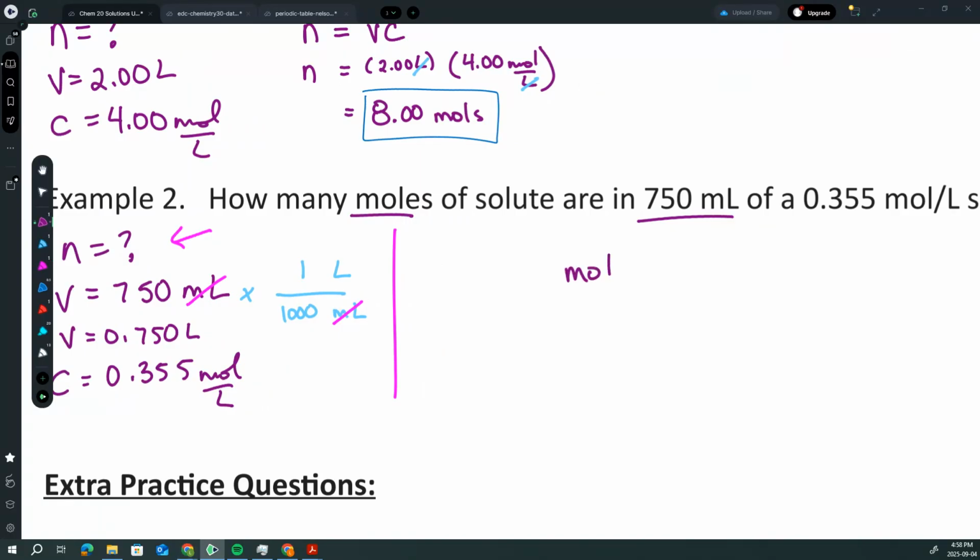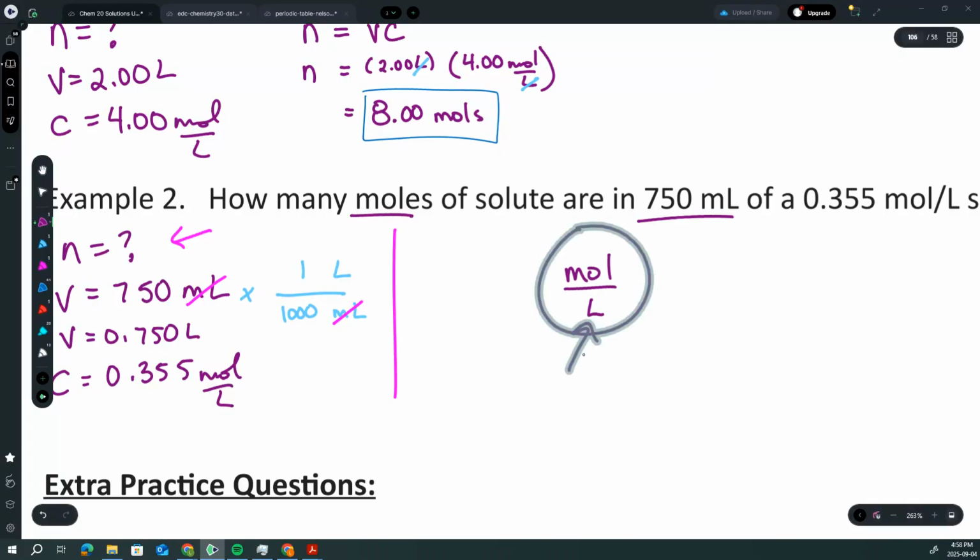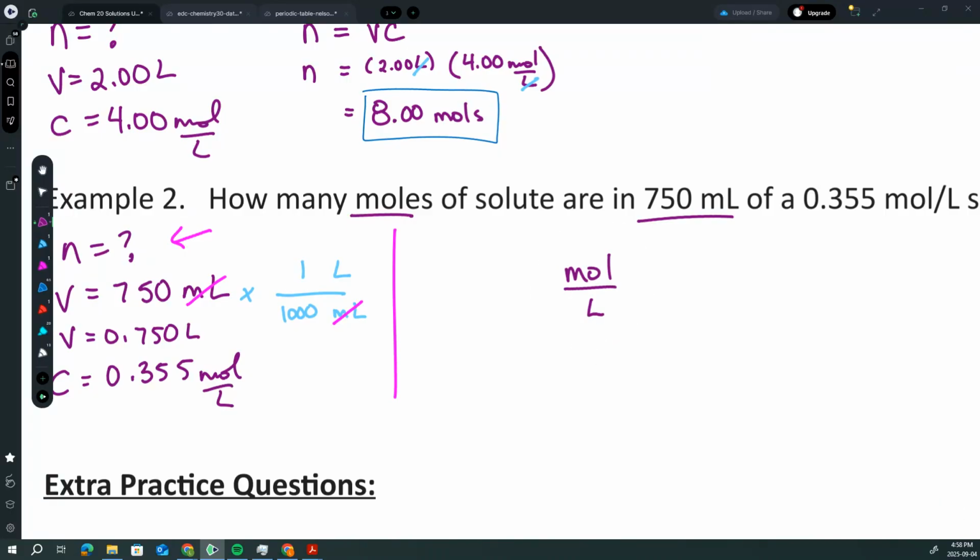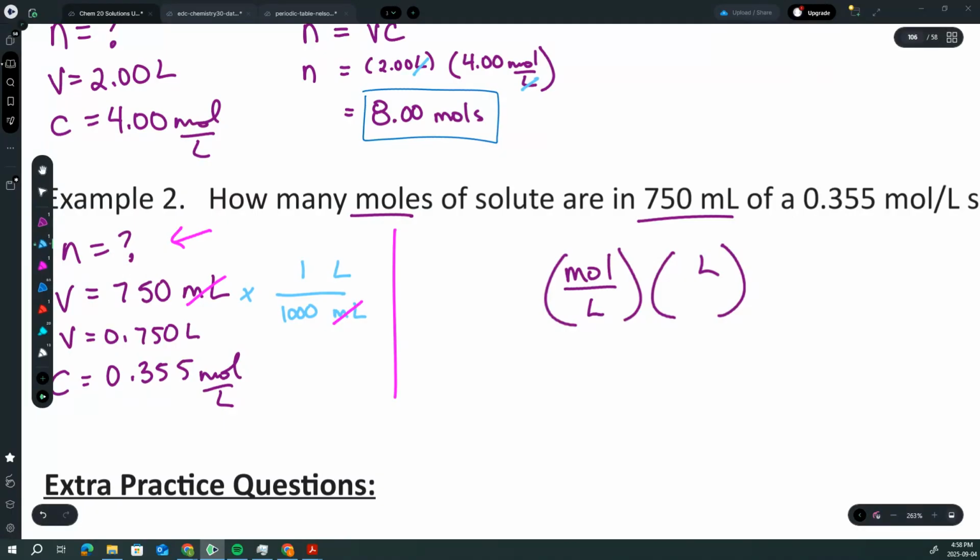I'm going to write the numbers in a second, but let's just focus on the units. So moles per liter, in order to get to moles, obviously I need to keep moles in the numerator. And the main thing that's preventing moles per liter from becoming moles is that we need to cancel out the liters. Now in order to do that, we need to multiply moles per liter by liters, so that we have liters in the top and the bottom so that they cancel out.